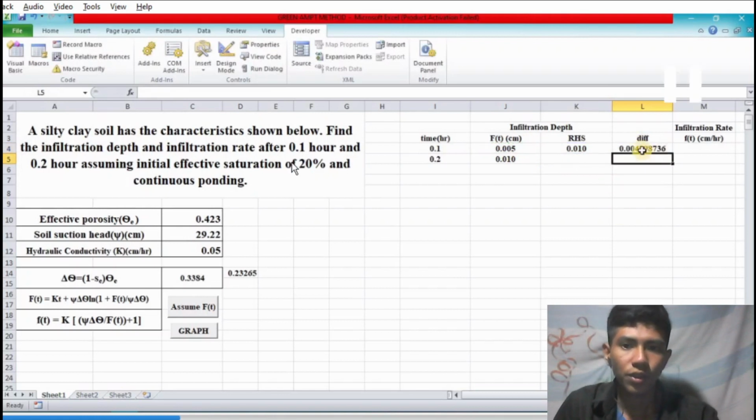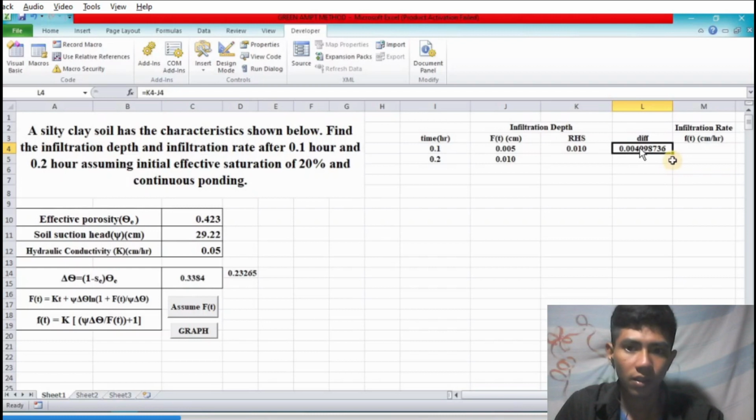As you can see, the difference between this value and this value is quite large. We want it to be 0.00001 or as small as possible, as that is the target.